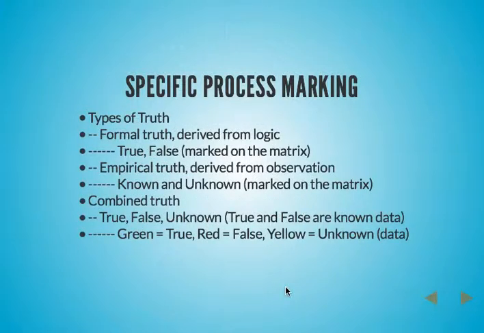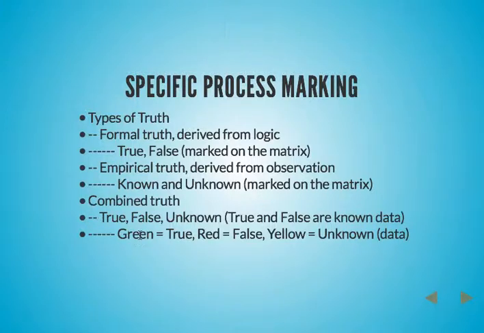In our specific process, marking for our types of truth, as we said, we are mixing formal truth and empirical truth on the same matrix. Formal truth is derived from logic, and true and false are marked on the matrix. Empirical truth is derived from observation, and known and unknown is also marked on the matrix.